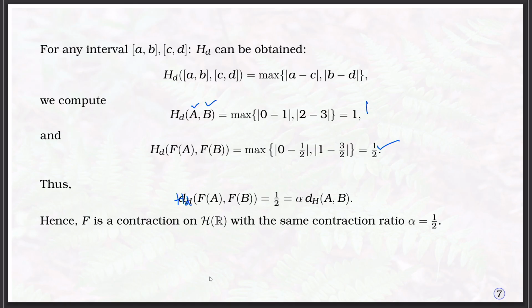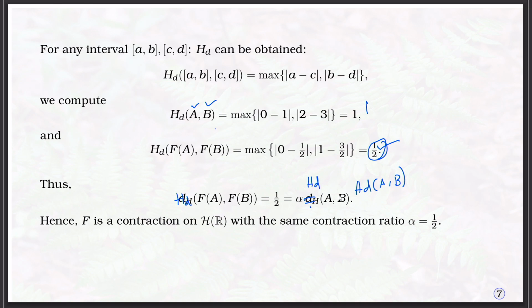The Hausdorff distance between f of A and f of B is 1 by 2, and the Hausdorff distance between A and B is 1. Then this satisfies that the distance between the images of the two sets is less than or equal to alpha, 1 by 2, times the distance between A and B. There is a typo here, it is not DH, it is HD.